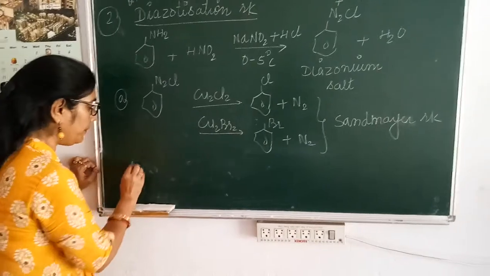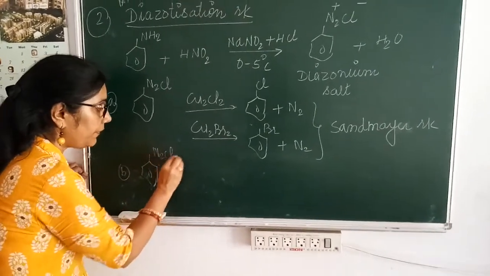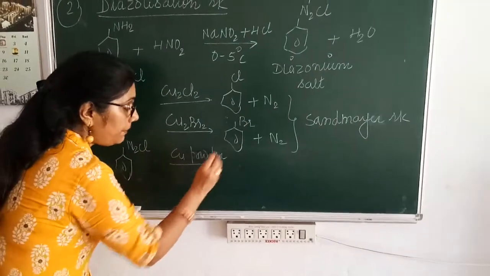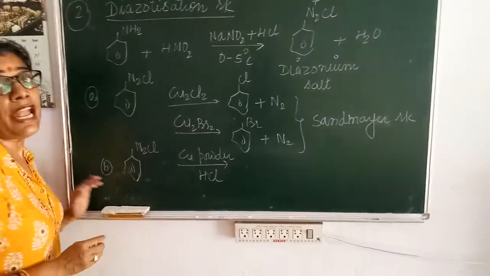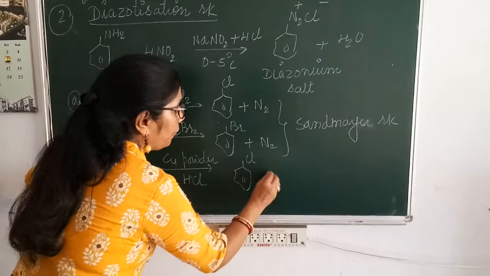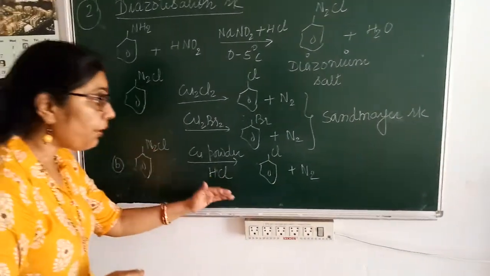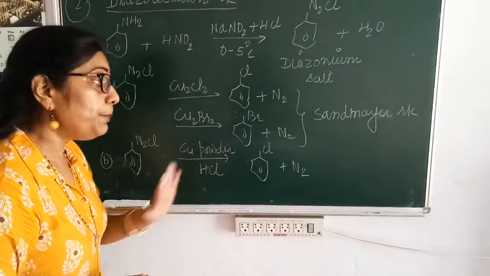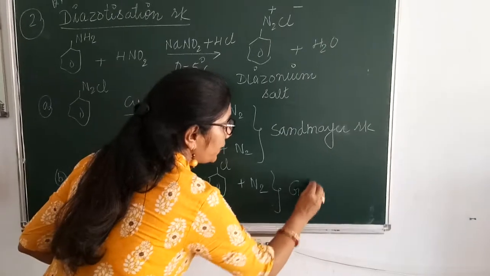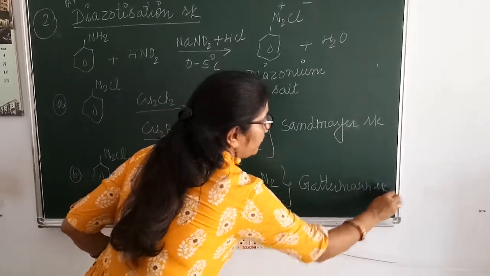And when diazonium salt is treated with copper powder in presence of the corresponding acid HCl, the product is once again chlorobenzene, and if we use copper powder in presence of HBr, the product will be bromobenzene, but the name of the reaction changes, and this reaction is the Gattermann reaction.